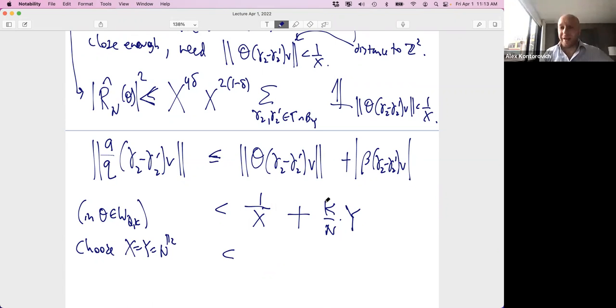We can't choose them depending on K. K is going to be changing. This decomposition, we're going to choose once and for all. So here we get 1 over root N plus K over root N. So this is at most, let's forget about this 1, K over root N.